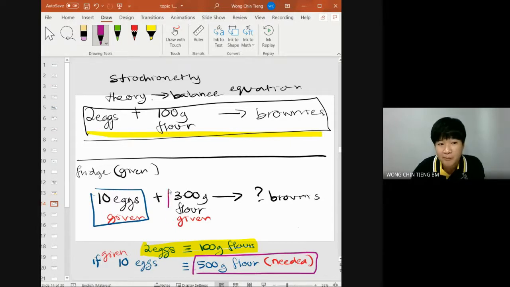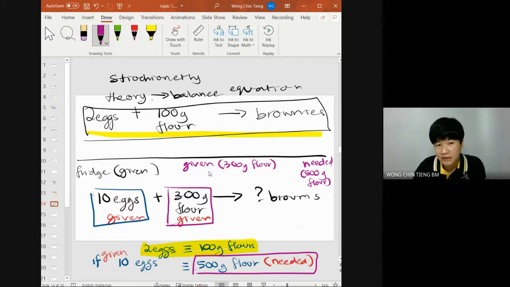I have dalam poket hanya ada 300 gram. Buka peti sejuk ada 300 gram. Okay? The given, 300 gram of flour, compare with needed, 500 gram of flour. So, soalan, sentiasa tengok pada given. Given right now is less than needed. Yang kamu ada dalam poket 300. Yang kamu perlu 500. Cukup ke tak cukup?